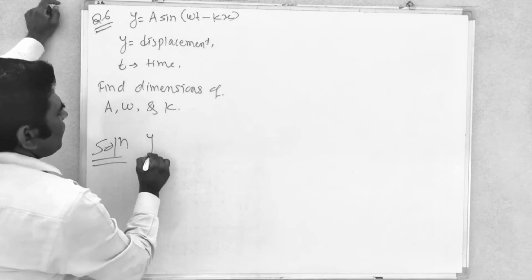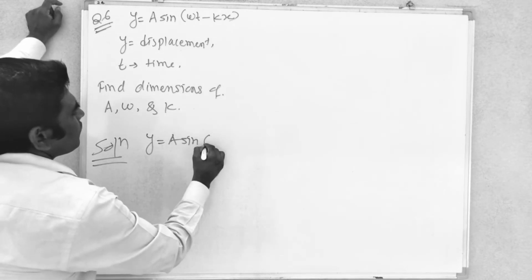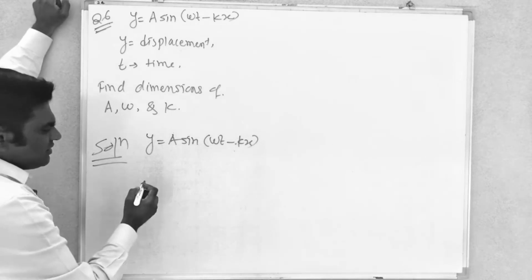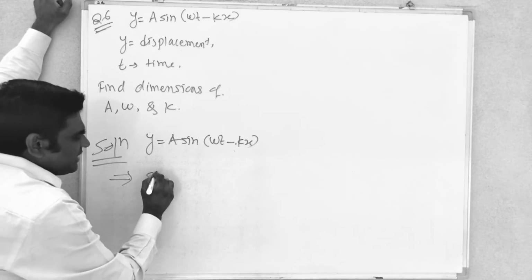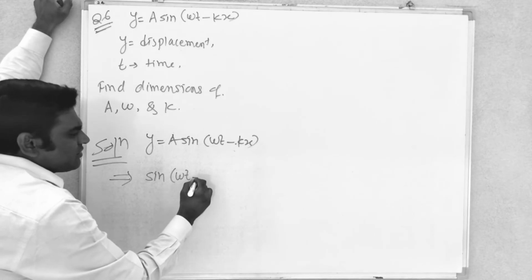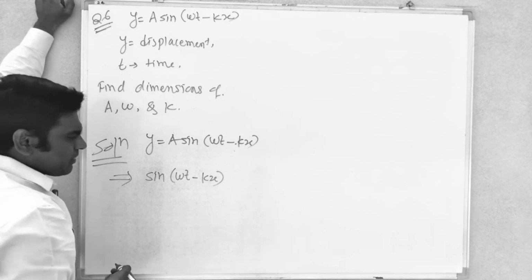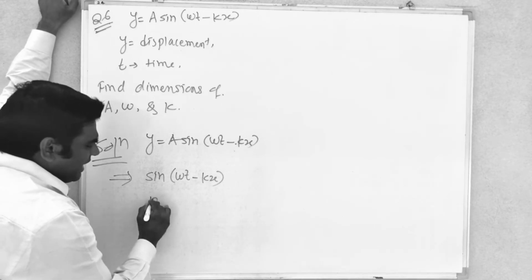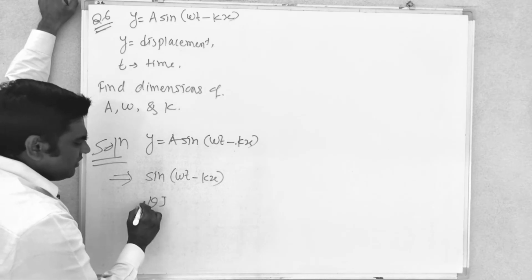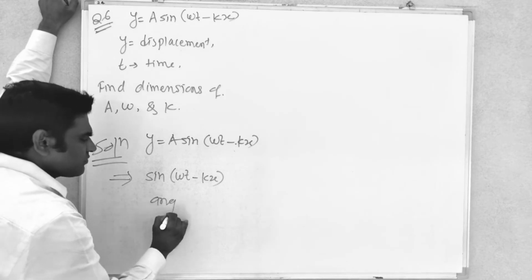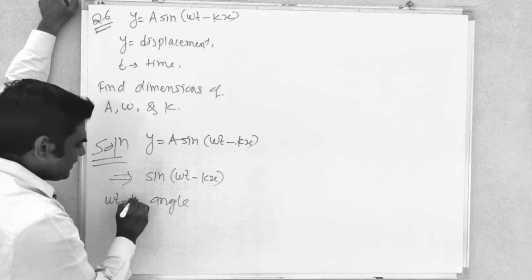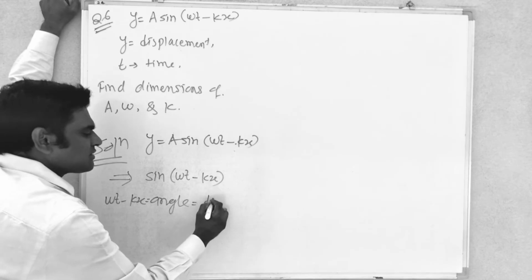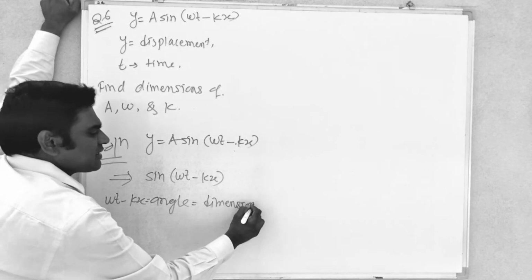In the term y is equal to A sin omega t minus kx, observe the term sin of omega t minus kx. It is an angle, and an angle is dimensionless.